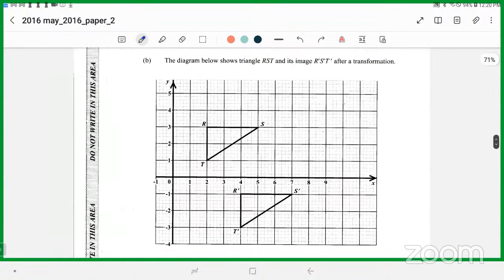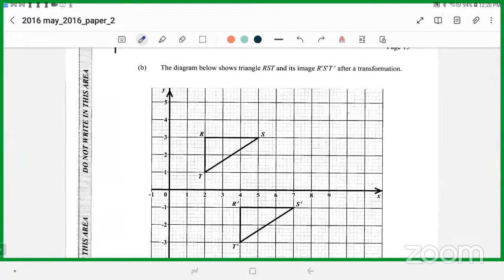Part B now. It says the diagram below shows triangle RST and its image R prime, S prime, T prime. So this is the object, this is the image. I see there's no change in terms of orientation, no change of size, no change in rotation. So this is a movement, guys. It's a translation. I can look at it and see it's a translation. Nothing has changed. All it has done is move from one location to another.